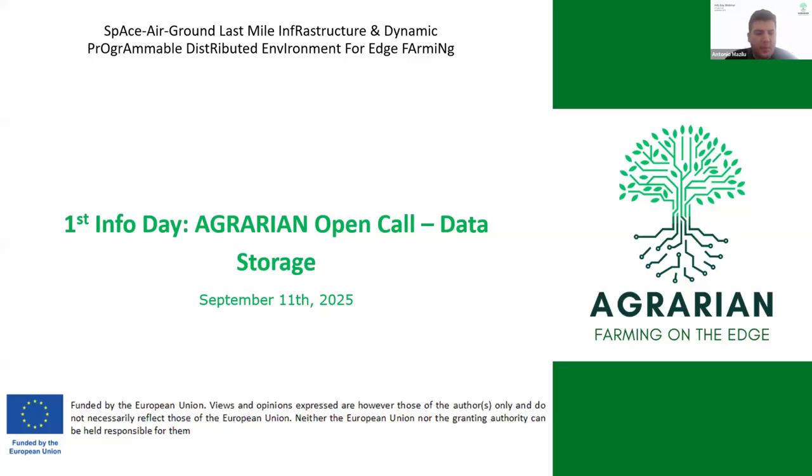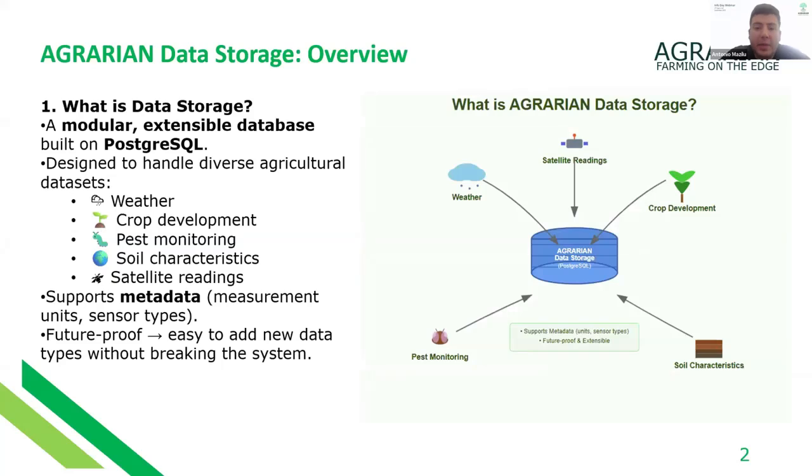Hello, everyone. My name is Antonio Mazzilu. I'm a developer from Demokritos, and today I'm going to present to you the data storage. The agrarian data storage is a modular and extensible database, which is built on Postgres.